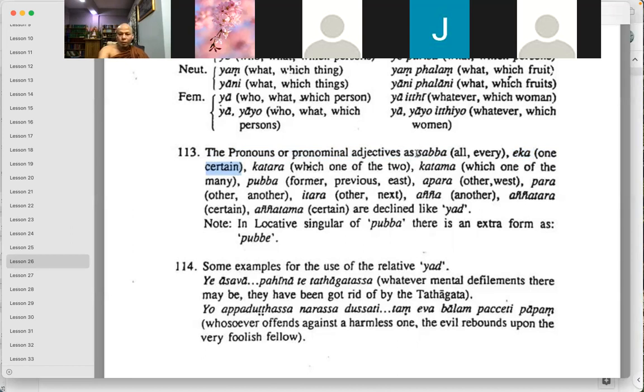And then, here the word sabba ending in a, eka ending in a, so katara and katama, and then pubba, former or previous or east, and apara, other or west, and para, other, another, and itara, other, next, and anya, another, anyatara, certain, anyatama, also certain, decline like ya or ta.